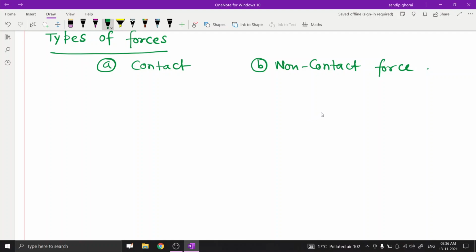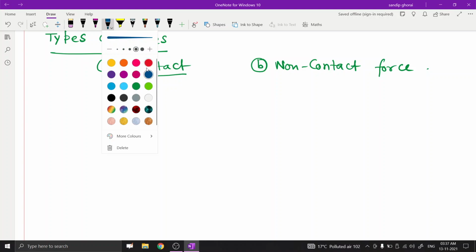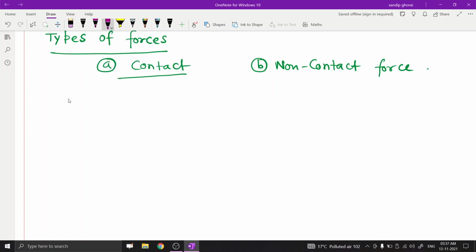Okay, what is an example of contact force? In this case, we take several examples. The first one we could take is nuclear force, but this is actually a non-contact force.